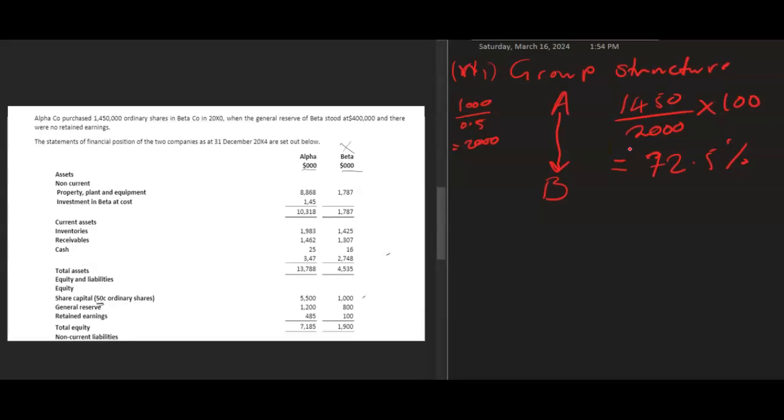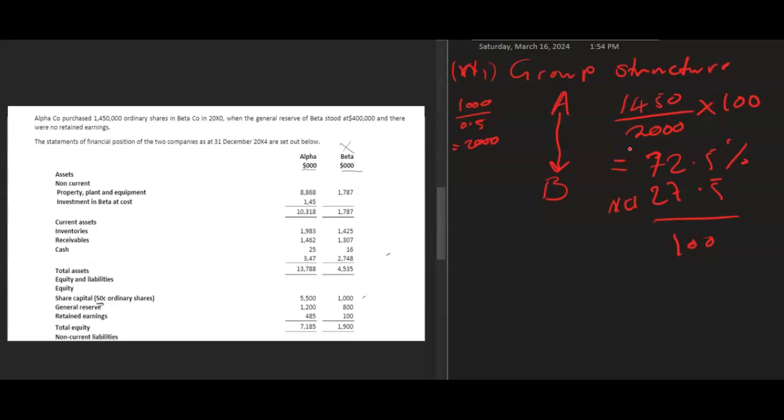If we add the non-controlling interest, we need to have a total of 100. So basically 100 minus 72.5 gives us 27.5. That is the value of our NCI. So this is our group structure.